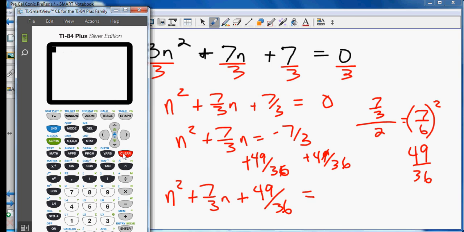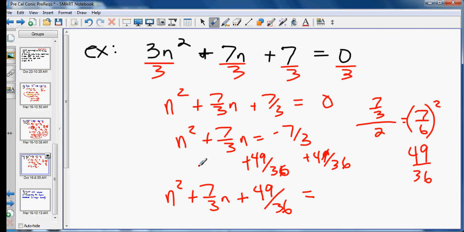Negative 7/3 plus 49/36 is negative 0.97222, or negative 35/36. I think.